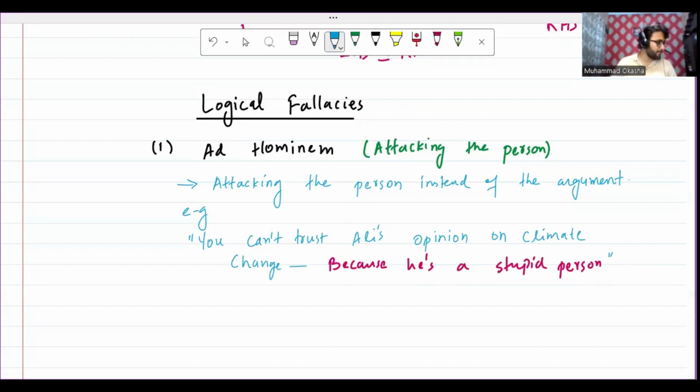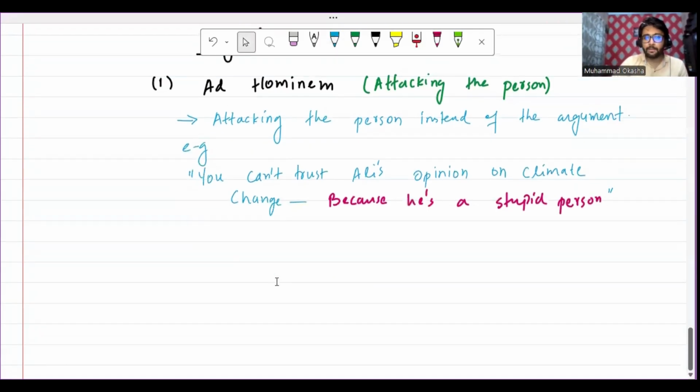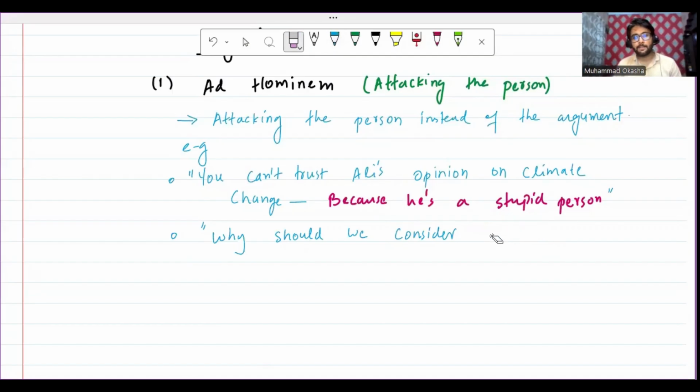And this is something which happens very, very often in our cultures. This is called ad hominem. Another example of this would be, let's say there's a student in your class who failed the maths midterm, quantitative reasoning midterm.